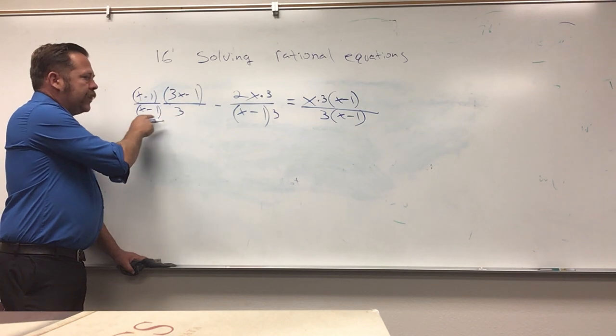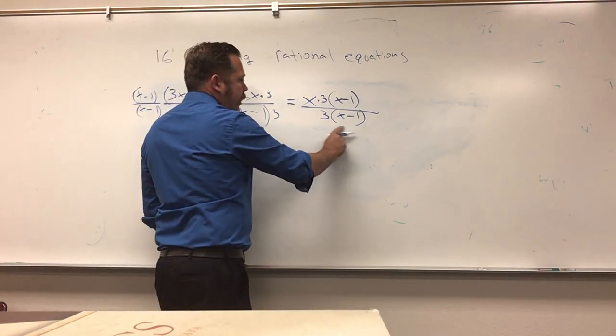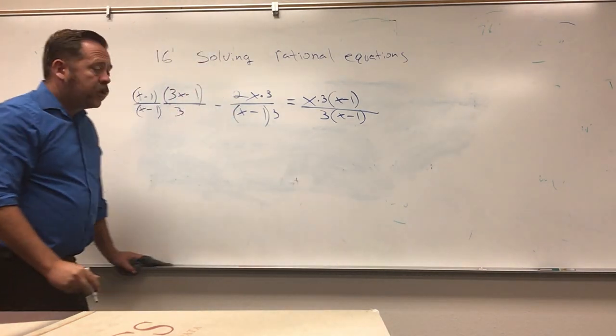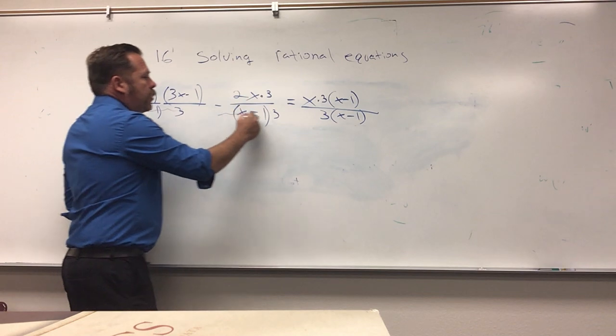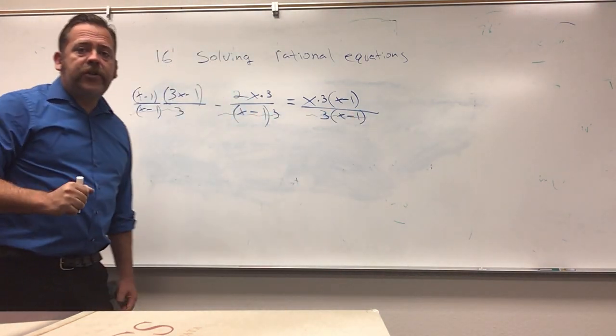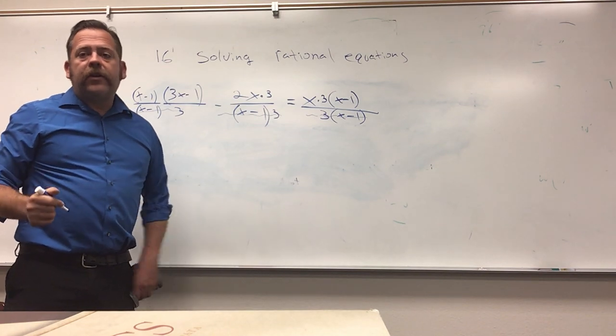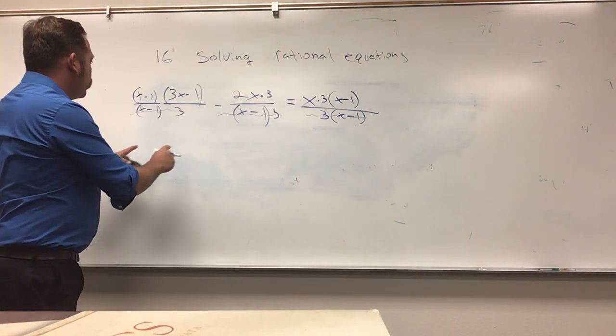All of them are 3 times (x minus 1). So for the moment, we can just ignore the denominators. We are going to revisit them at the end to make sure that whatever we get doesn't cause division by 0, because if it does, that solution is not valid. So now we can just focus on the numerator.